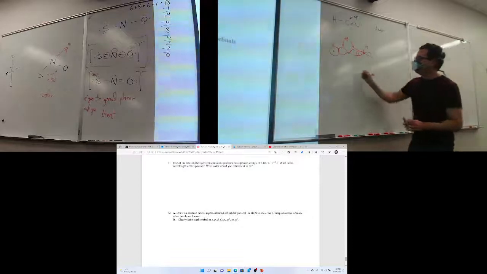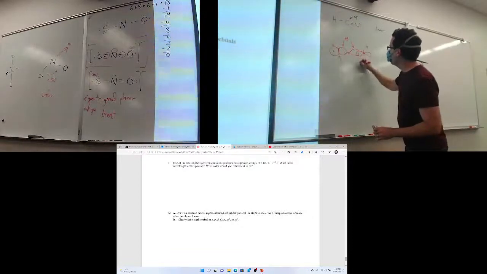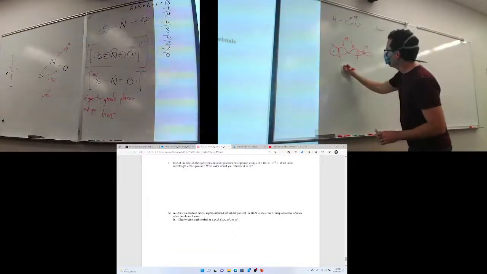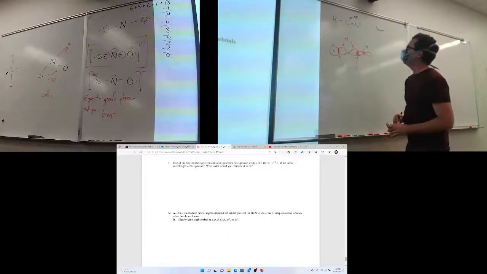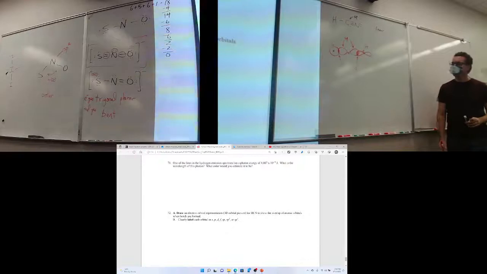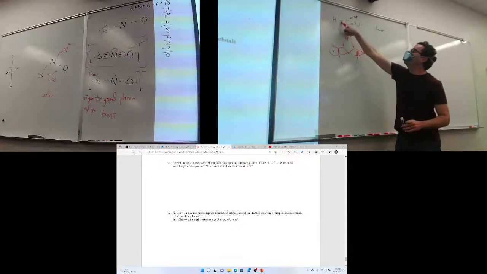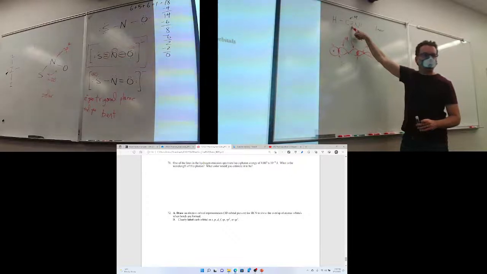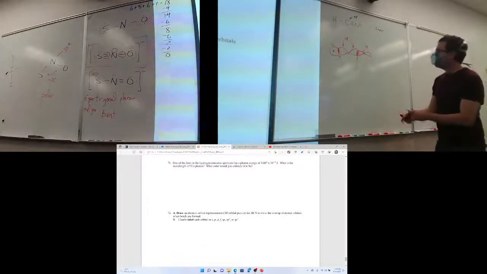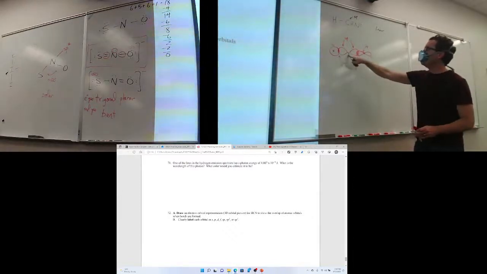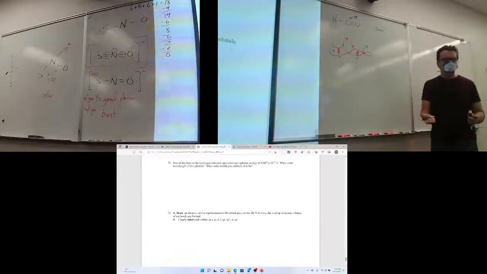So those are the sigma bonds that form, right? The end-to-end overlap. Sigma bonds. Those are the first bonds. So there's only a sigma bond there, but one of these bonds in the triple bond is a sigma bond. Now after that, since this carbon is sp hybridized, there are 2 unused p orbitals.